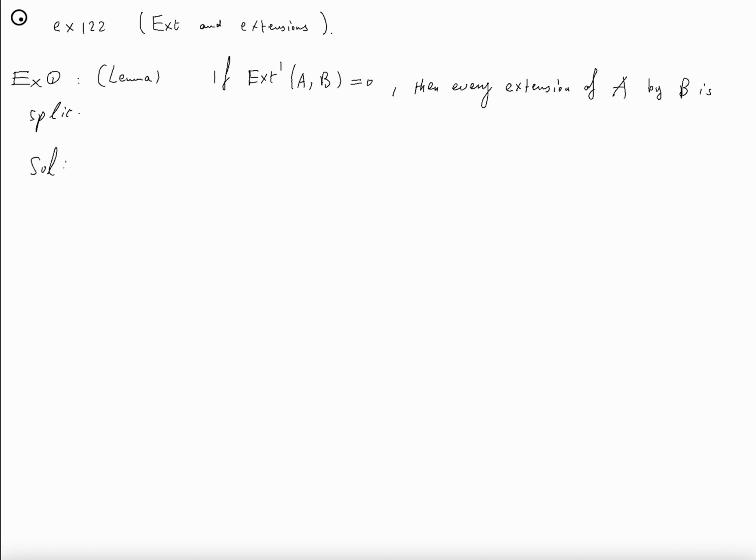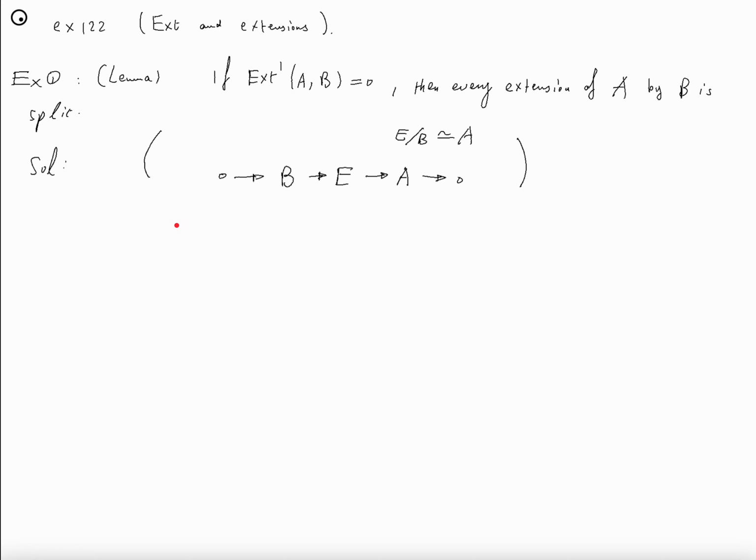Solution. So let's first recall that extension of A by B means an extension of A, in the sense that the quotient by B gives you back A. If we have the condition Ext^1 is 0, then the extension is split, a trivial extension.